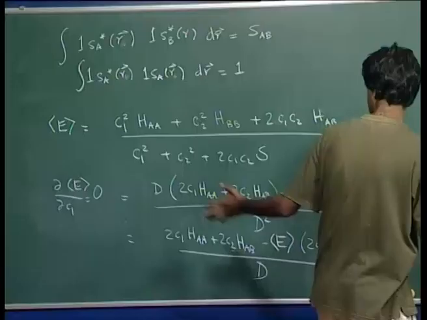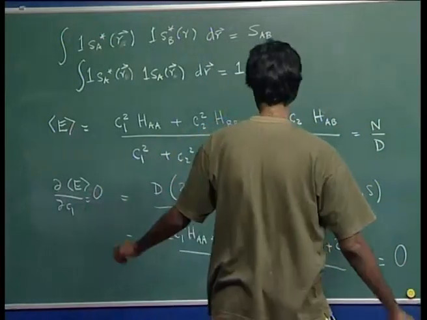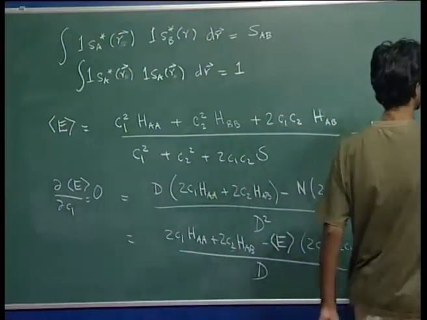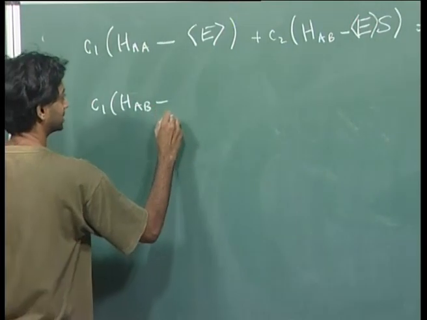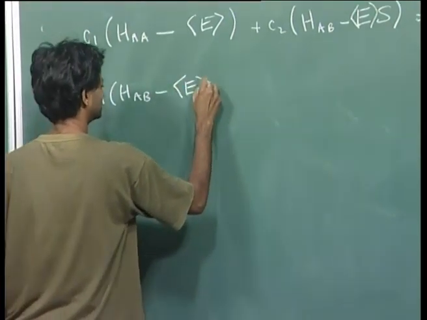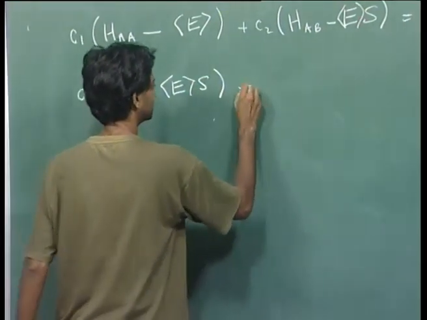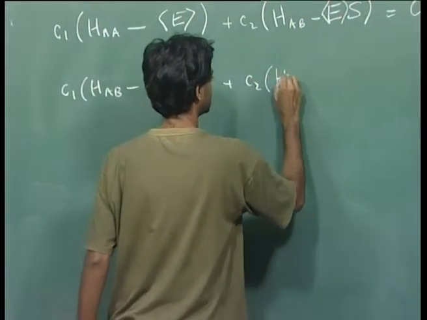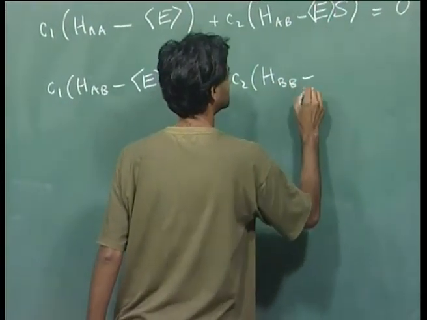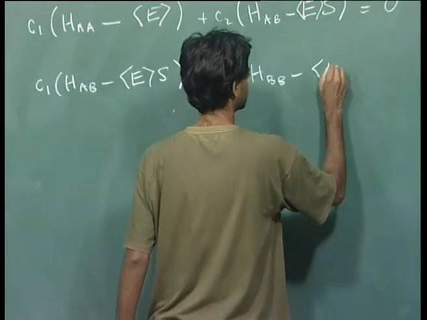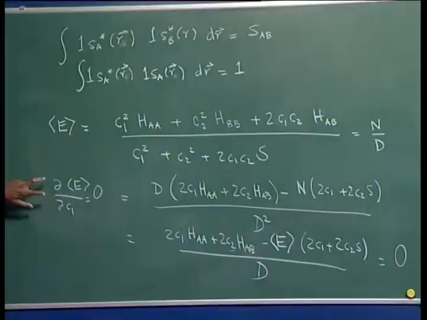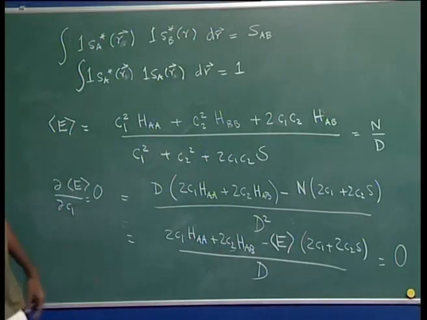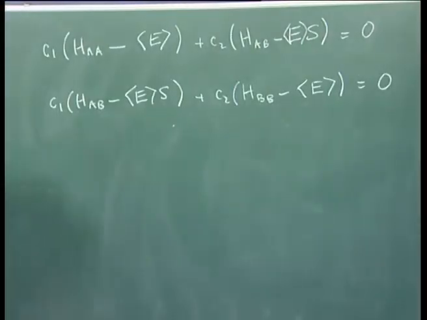If you do the same for dou E by dou C2, you will get this equation below: C1 times HAB minus ES plus C2 times HBB minus E equal to 0.